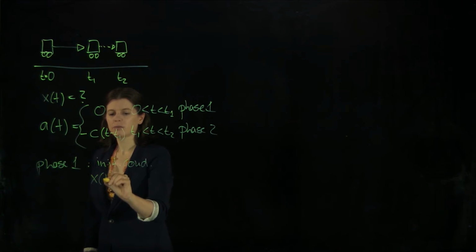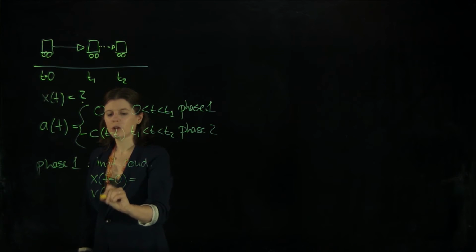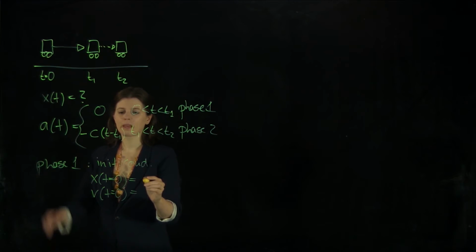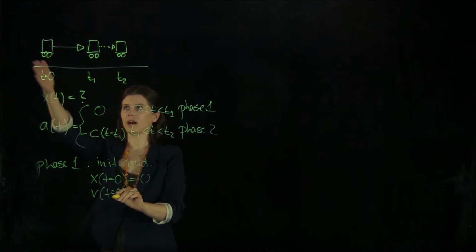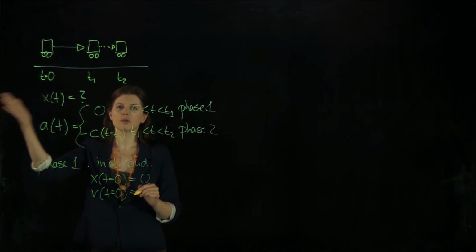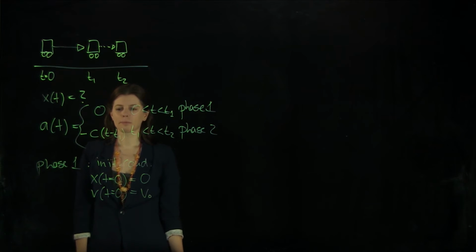And what that means is we want to know what the distance is at t equals 0 and what the velocity at time 0 is. And we know the distance here is 0. And we know that the problem starts when the car is already driving with a constant speed. So that's going to be v0.